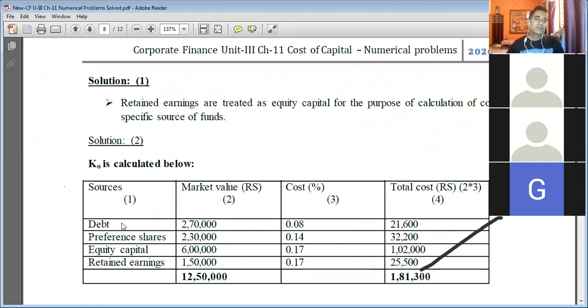If the market price per debenture is 120 rupees, then 120 into 1000 will be the aggregate market value of debentures. Or say there are 10 debentures, 120 into 10, so 1200 will be the market value of debentures.